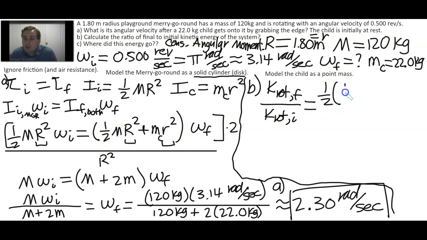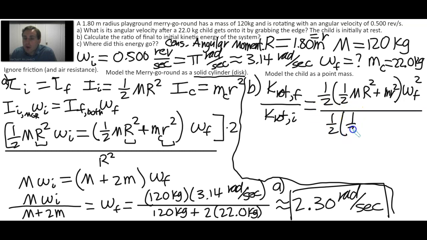So that's going to be this 1/2 big M big R squared plus mr squared. So that's the final rotational inertia times omega final squared. And that divided by 1/2 the initial rotational inertia. That's 1/2 big M big R squared times omega initial squared. Notice that this is 1/2 I omega squared, but all the final values and then all the initial values.